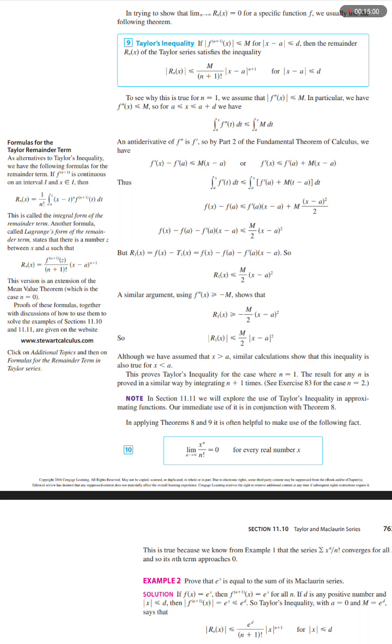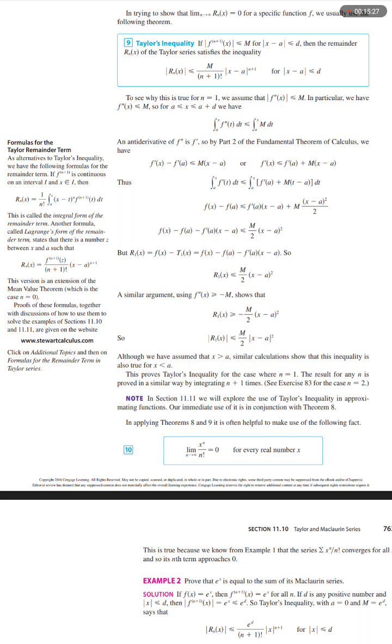then big R sub n of x equals 1 over n factorial times the integral from a to x of (x minus t) to the power n times the n plus 1 derivative of f of t dt. This is called the integral form of the remainder term.